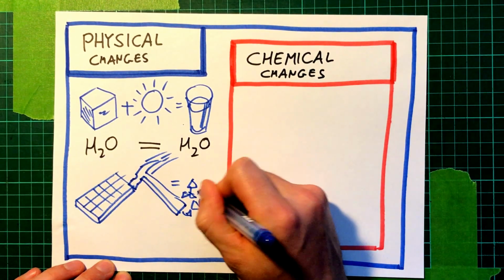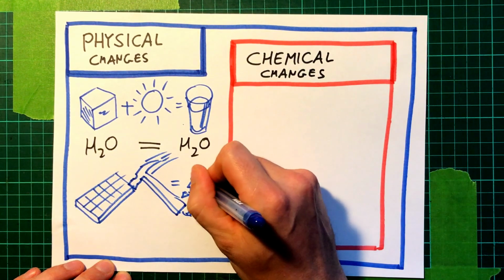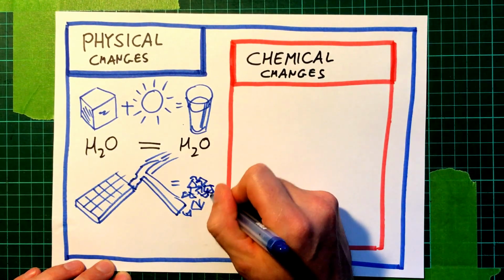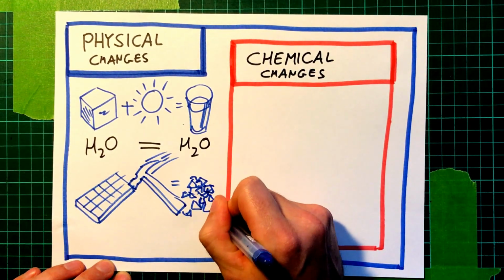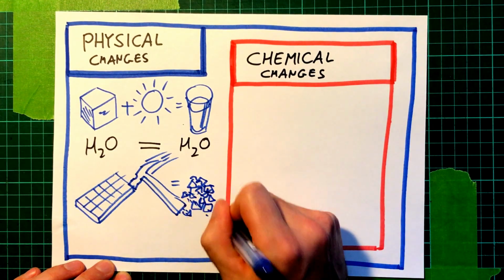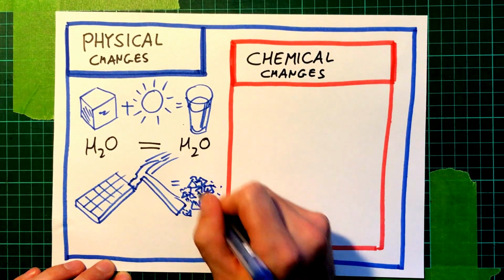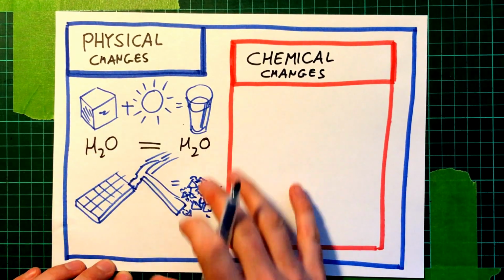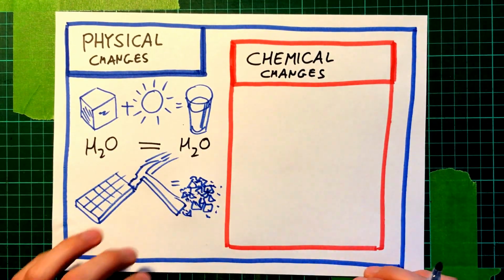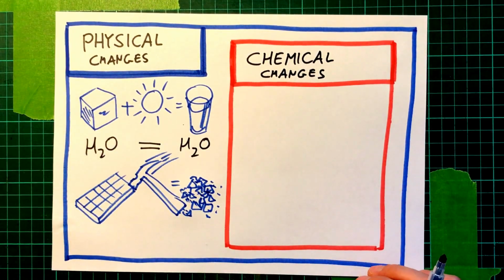Which you might want to do if you were making a cake out of chocolate, and smashing it up would increase the surface area of it and would help it melt. So it's physically different. You can see the difference, which is always a help with a physical change.